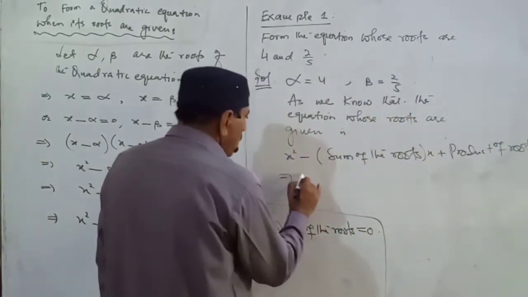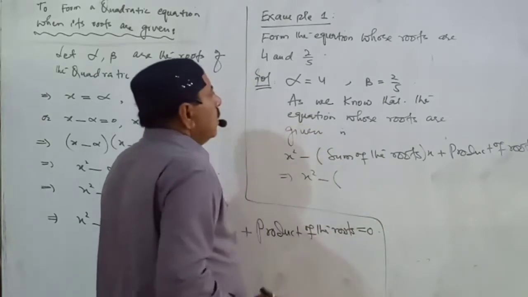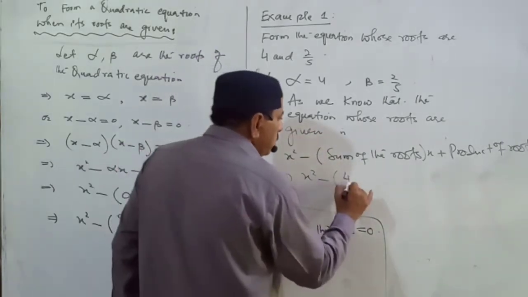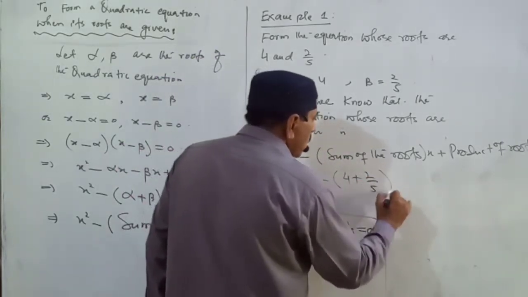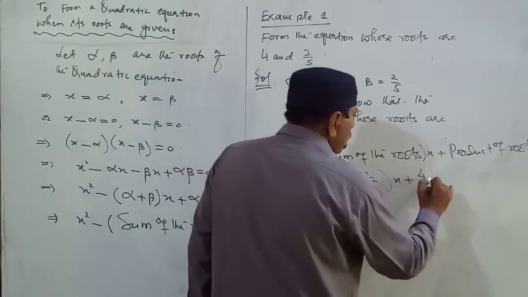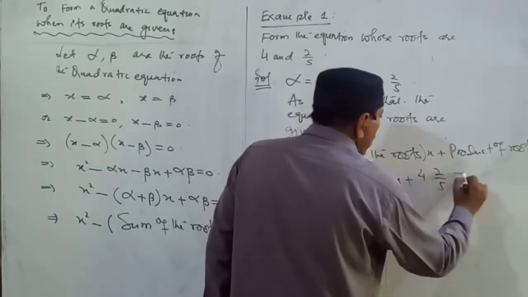So here x square minus (4 plus 2 upon 5) x plus 4 into 2 upon 5 is equal to 0.